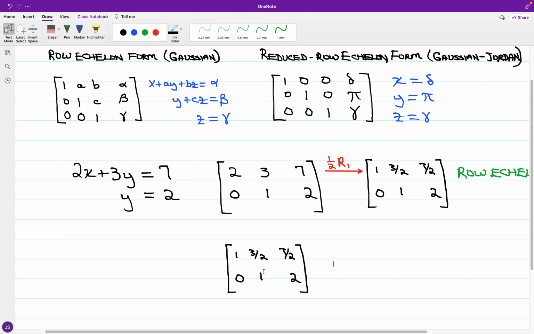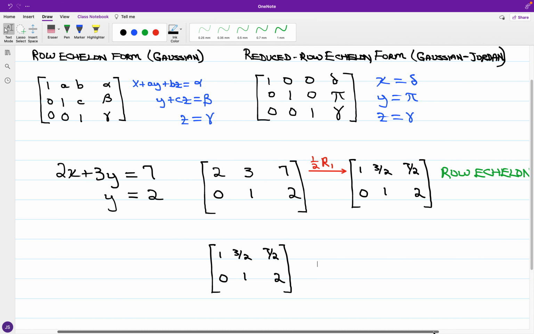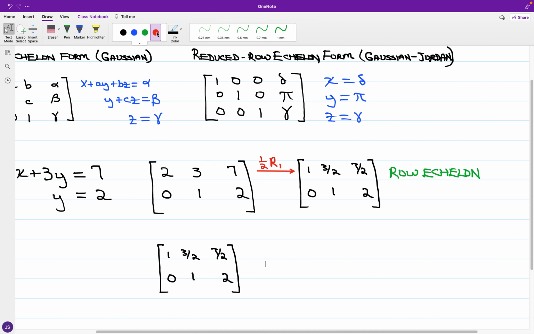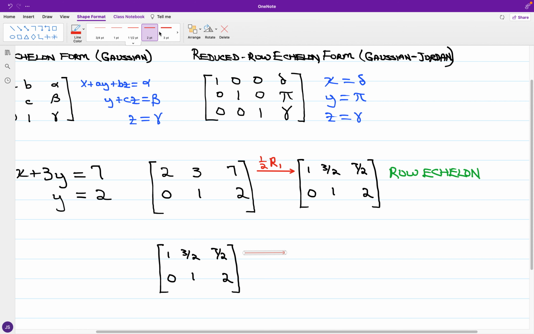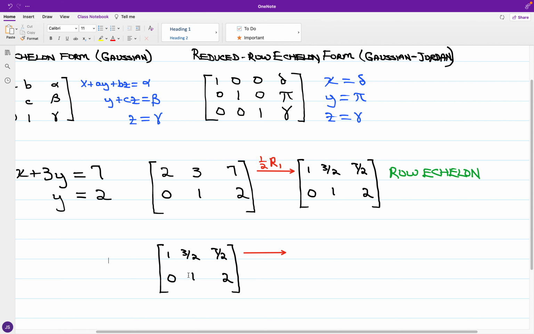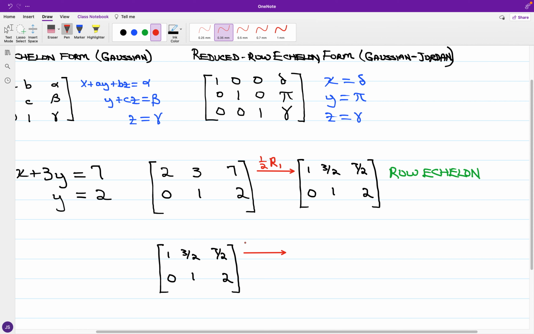So I have the bottom row with the number 1, and I want the 3/2 to be 0. To go from 3/2 to 0, looking at the correspondence, I can say that the first row minus 3/2 of the second row is going to lead to the reduced row echelon form.